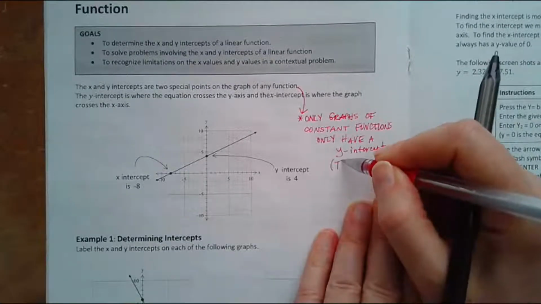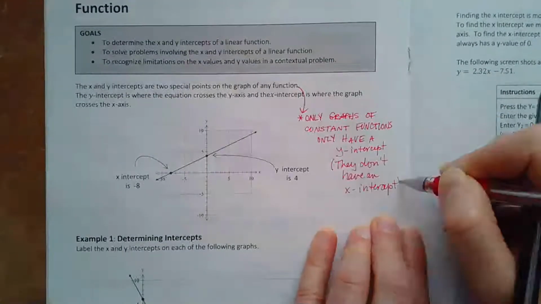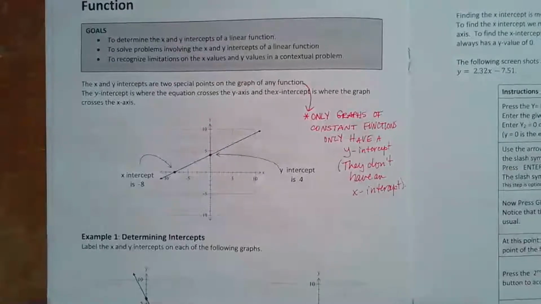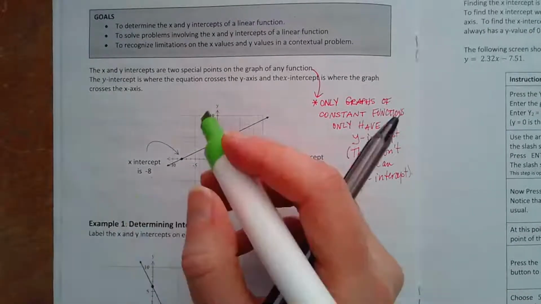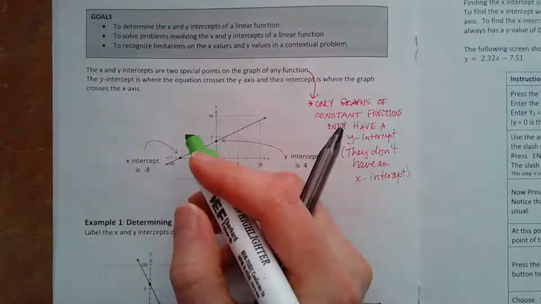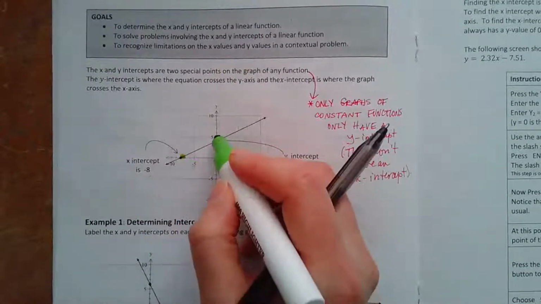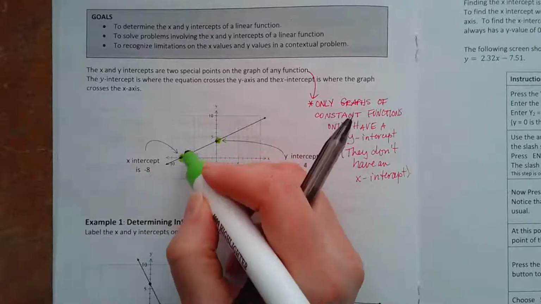All right, so every other graph has an x-intercept and a y-intercept, and that's just the point that crosses the x-axis and the point that crosses the y-axis, okay?